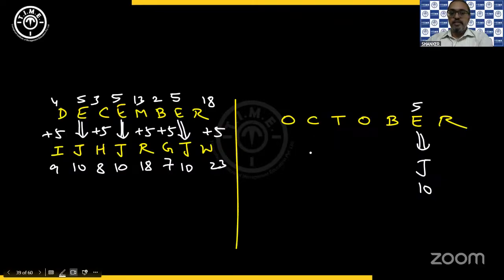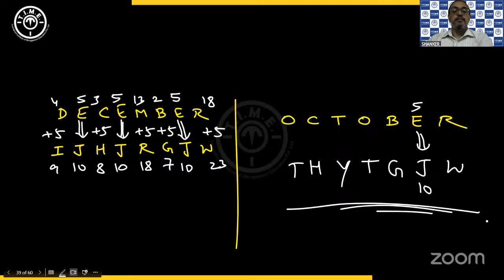So wherever you have C, you replace it with H. Wherever you have a B, you replace it with G. Wherever you have a R, you replace it with W. Correct? So O plus 5, 20, T, and 25, Y. So THY, TG, JW. This is my answer.